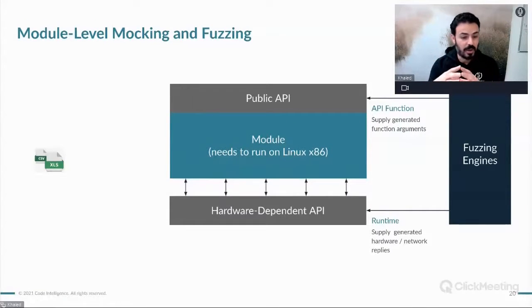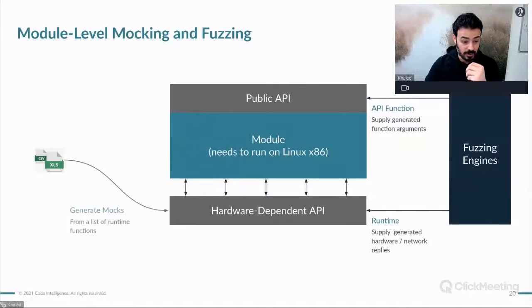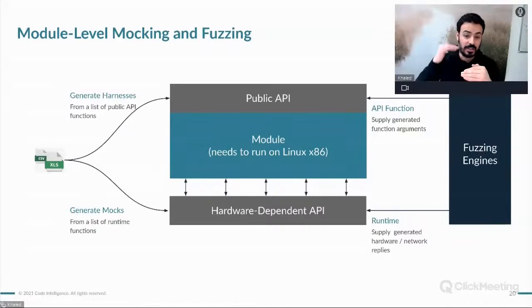Then we have some special markers where we add annotations that describe the parameters, and we use these in order to generate the mocks. We do the same for the fuzz tests, and we have markers in this table that we can write for each parameter of the public API. Based on this configuration, which in our case is a simple Excel sheet, we can generate both the mocks and fuzz tests that actually target the public API and feed the fuzzer generated input there.